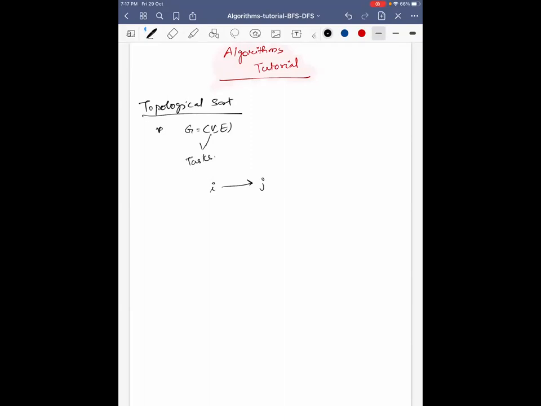Sir, we can also have some undirected edges, right? For the tasks which don't have a relationship. Why would you want to include undirected edges? Because if there is no dependency among two tasks, then it doesn't really matter how you schedule them. They can be performed independently.